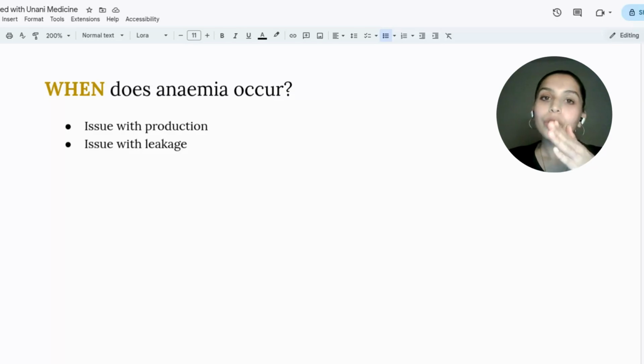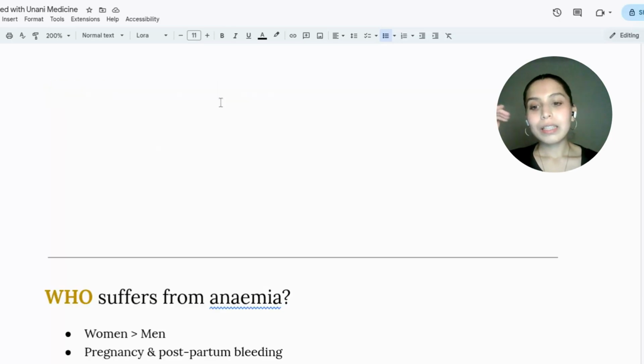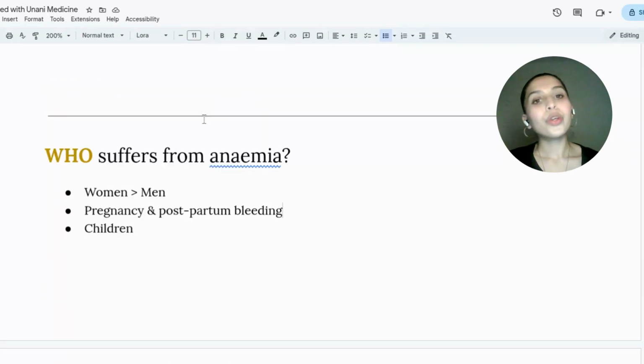So it's either a production issue or a leakage issue, and at times it can be both. But just for the sake of simplicity, you can group all the causes of anemia into those two categories. And this now moves on to who is affected by anemia the most.